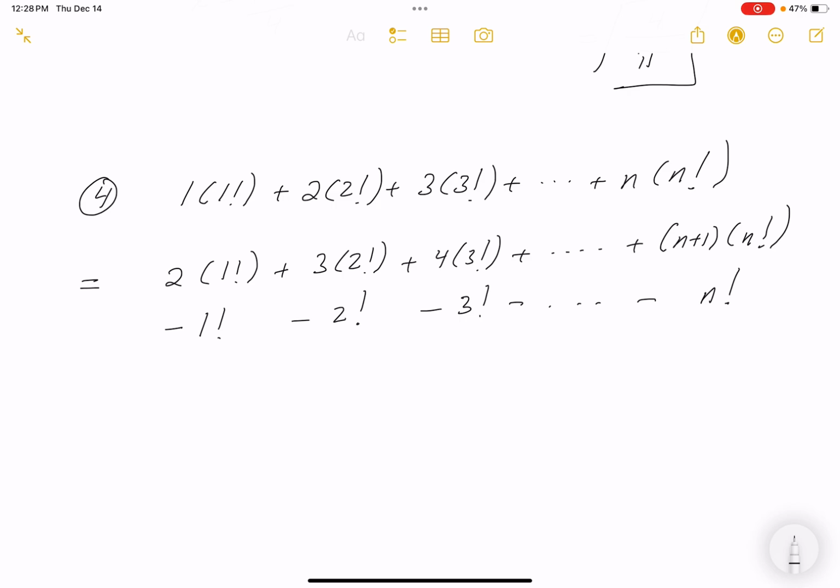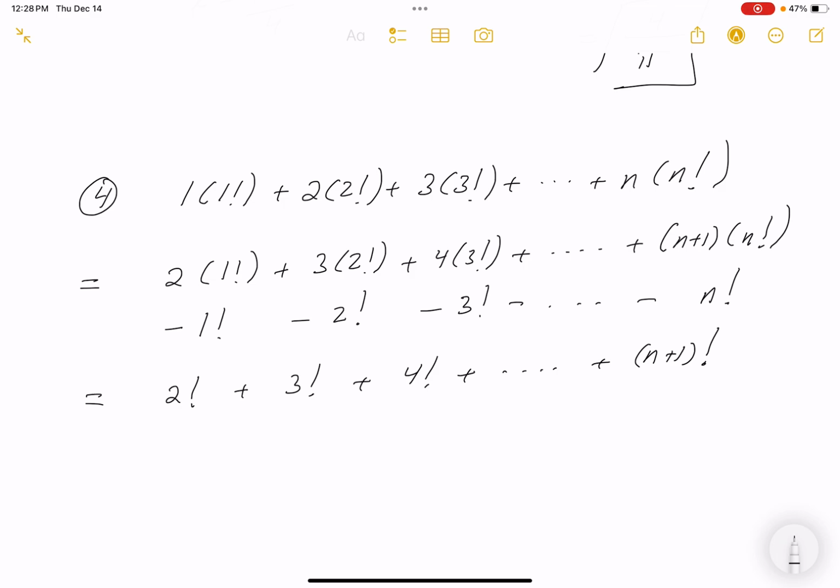All right, let's keep looking at it. What I notice is that if I look at this term-wise, the first line is just 2 factorial. The second is 3 factorial. Then it's 4 factorial plus yada, yada, yada, up to n plus 1 factorial, right?